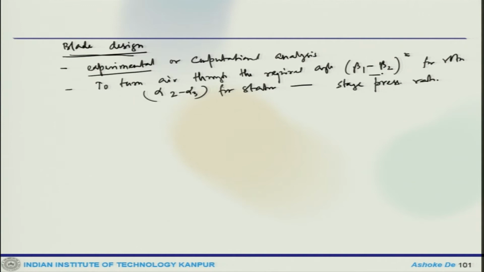So, these angles are varied, so that the maximum stage pressure ratio can be obtained.